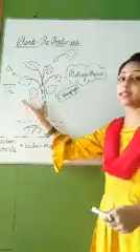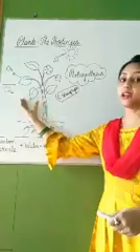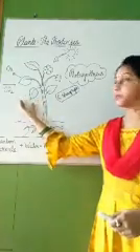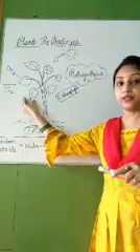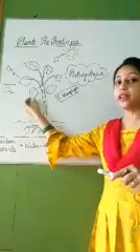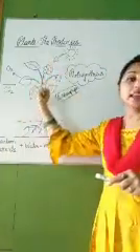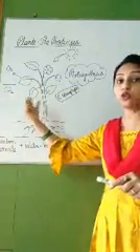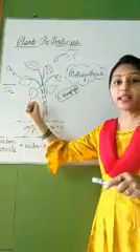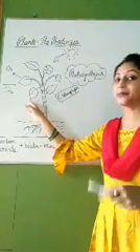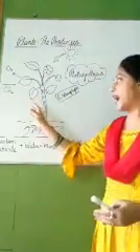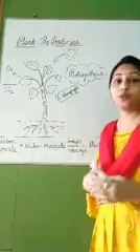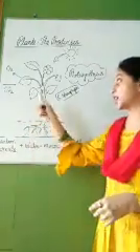Now what happens when the water and minerals reach the leaves? The chlorophyll, which is already present in the leaf, traps the sunlight and then the production of food is started.